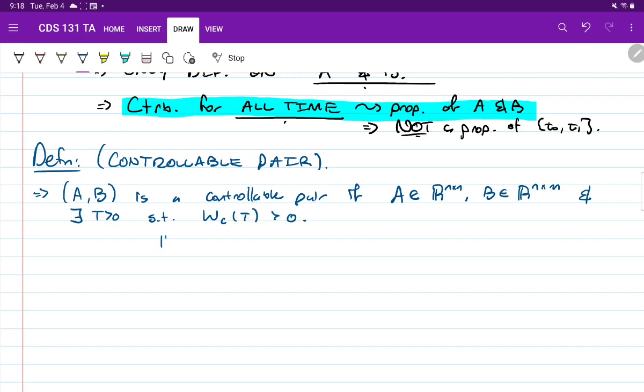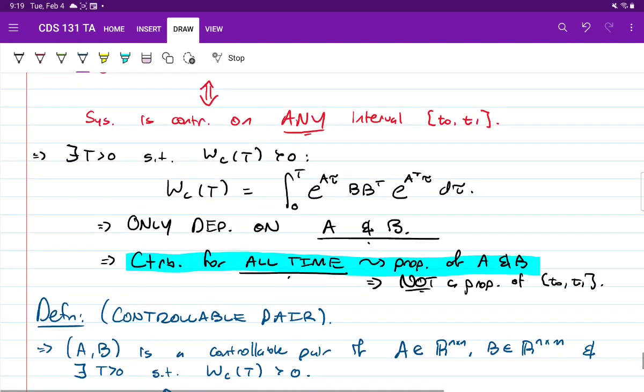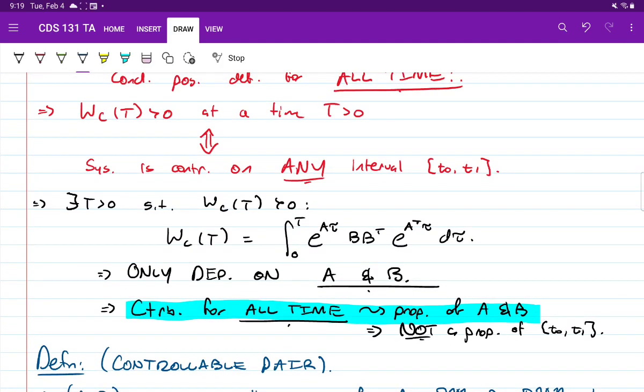Okay? So this is in fact equivalent to saying my system is controllable for all intervals t0, t1. Okay? So a controllable pair is just a pair of A and B matrices that results in a system that's always controllable, right? And because of this Gramian test, which says that we only need to exhibit a single time in which our system is controllable, this is just a property of A and B, right? So it makes sense to talk about A and B being a controllable pair because both of them determine controllability for all times out there. Okay, nice.